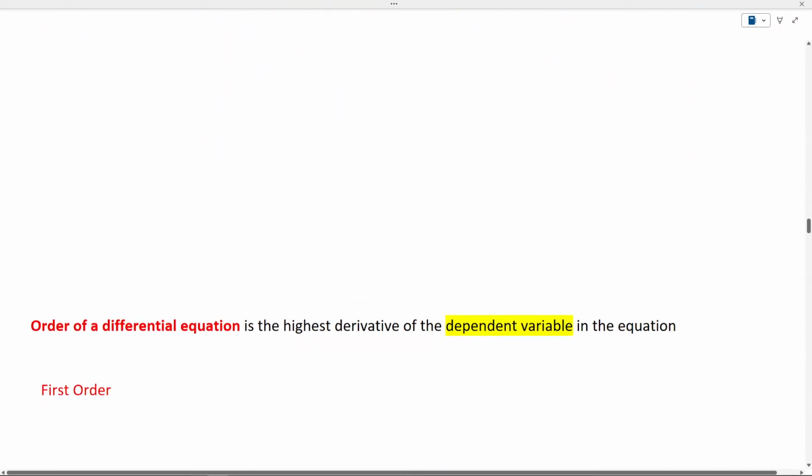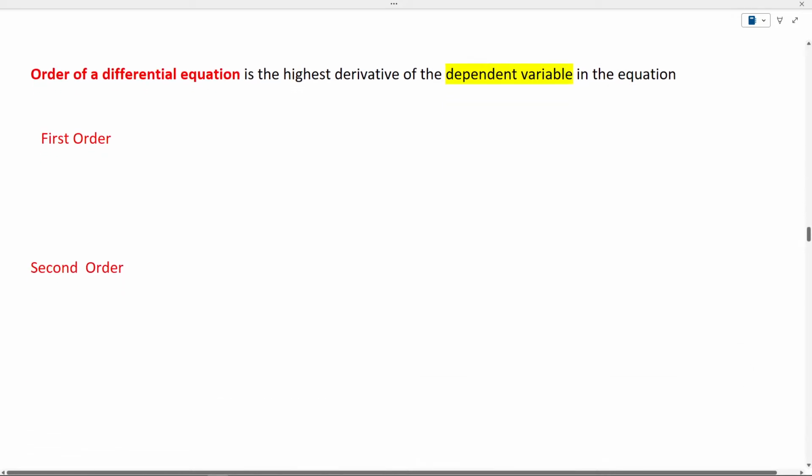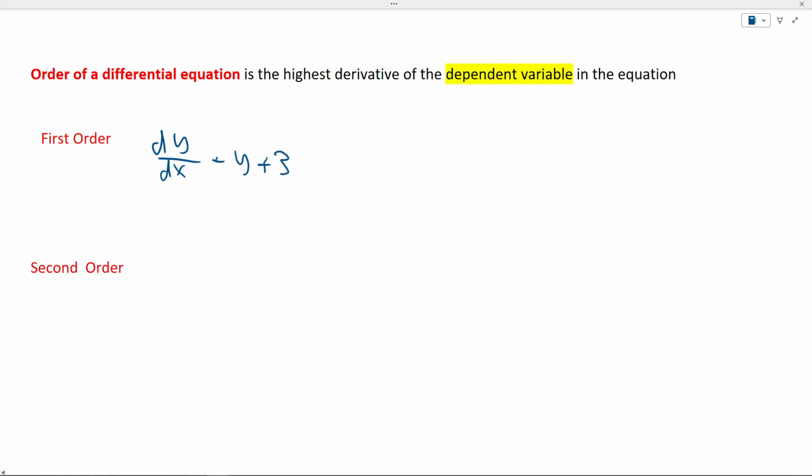So next is the order of the differential equation. The order of the differential equation has to do with the order of the derivatives that you have. Let me show you an example. First order: dy over dx plus y plus 3x.